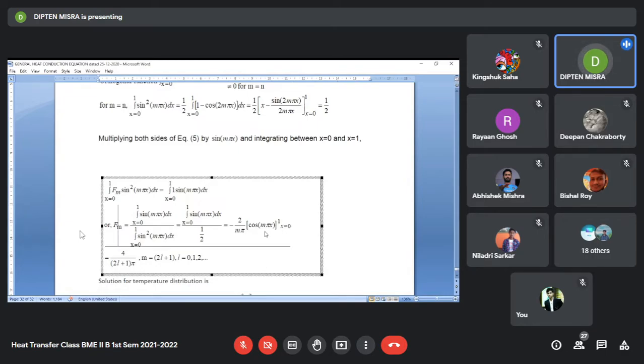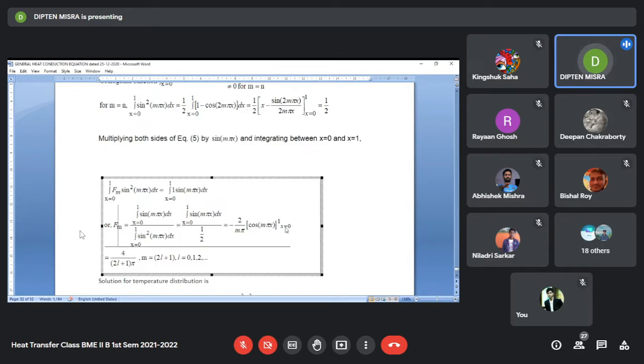When x is 0, cos 0 is equal to 1, and when x is equal to 1, then it is cos m pi. Now what is the value of cos m pi? Cos m pi will be plus 1 if m is even, and cos m pi will be minus 1 when m is odd.